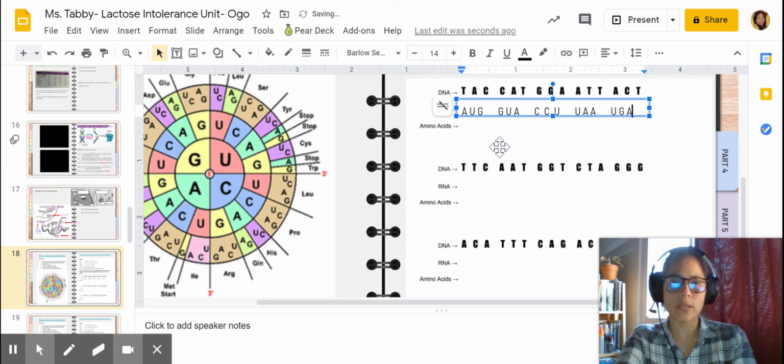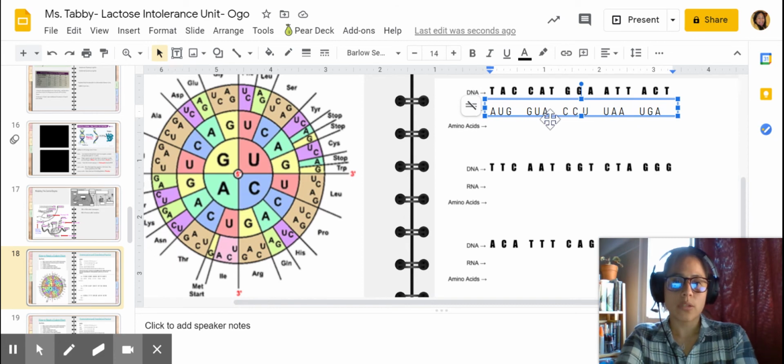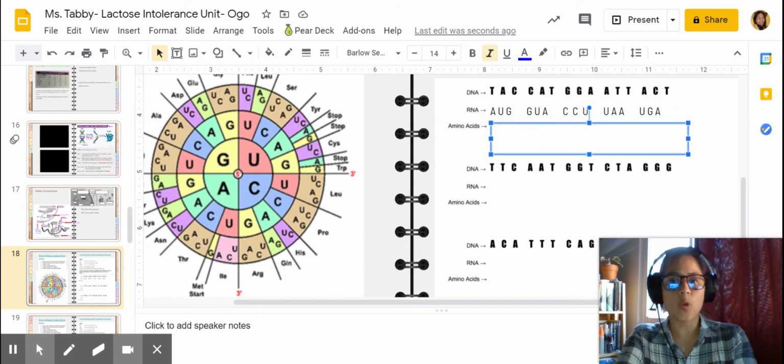All right, now that we have our new codons for the RNA, that is when the codon chart comes into play. If you recall from the video, when using a circle chart, we start with the middle and then we spread out.